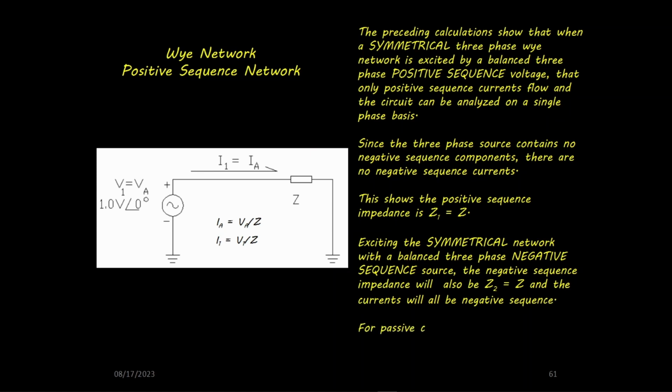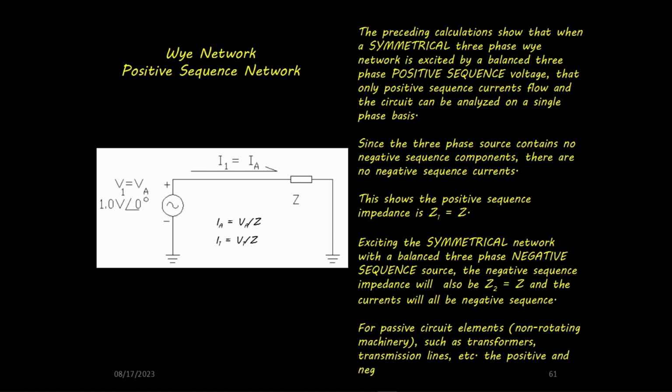For passive circuit elements, non-rotating machinery, such as transformers, transmission lines, etc., the positive and negative sequence impedances are equal.